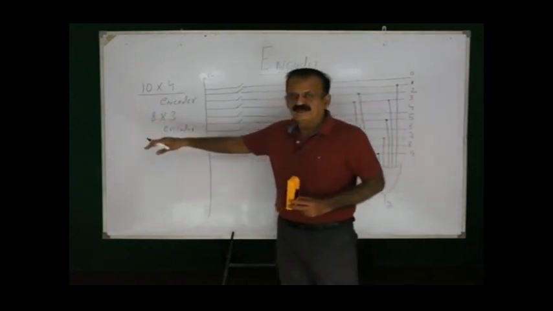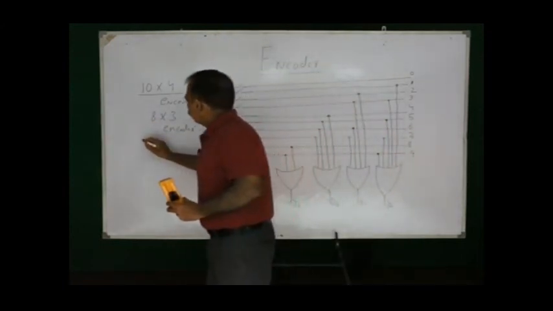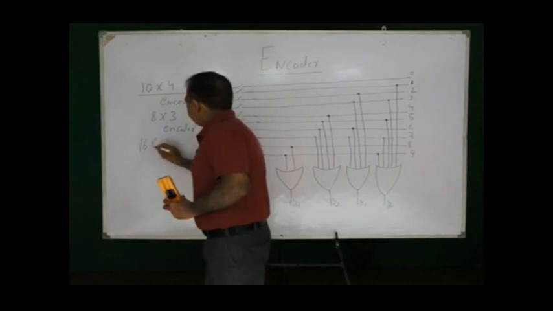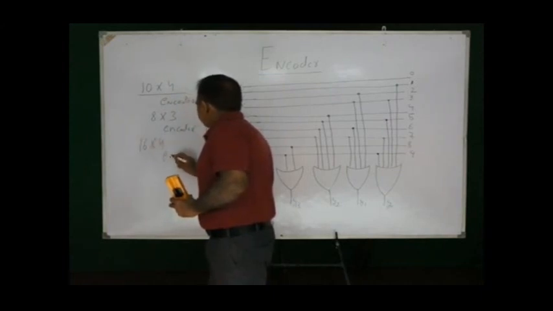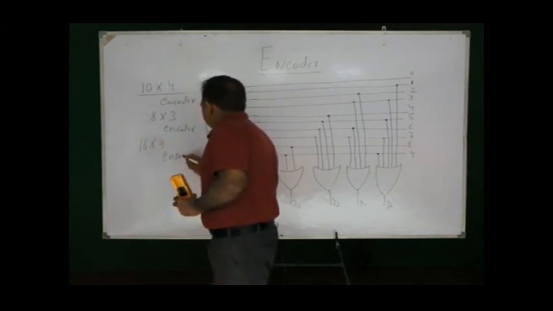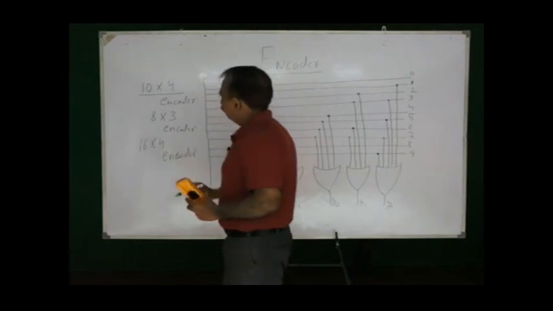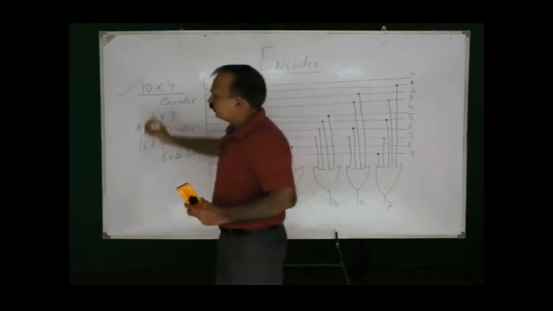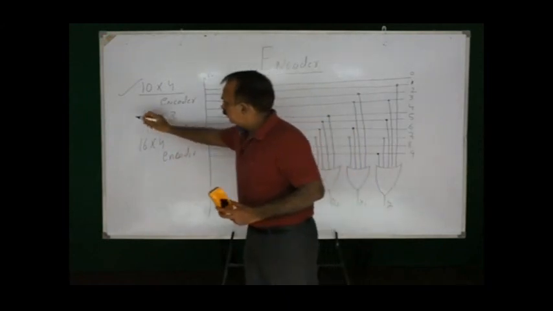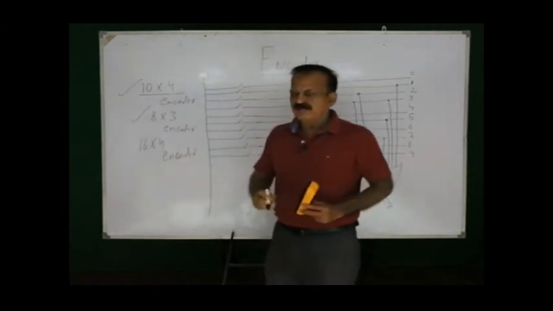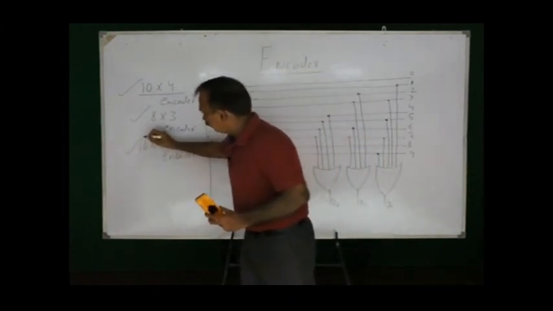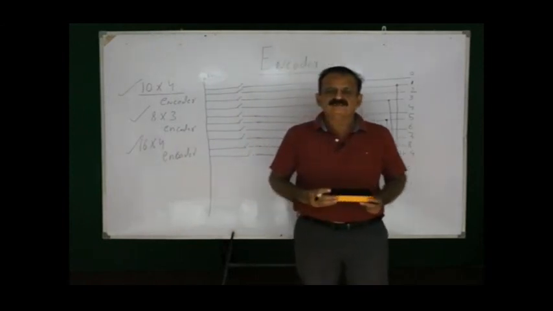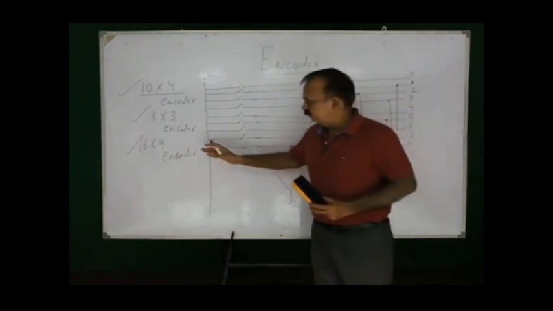Similarly, we can have a 16 by 4 encoder also. Now 16 by 4 will be a hexadecimal to binary encoder. So this one is a decimal to binary encoder, this is an octal to binary encoder, and this particular encoder is a hexadecimal to binary encoder.